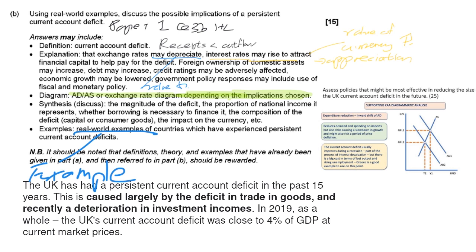Greece also faces persistent current account deficits. In this example, I would like to talk about how Greece would deal with the deficits. So what would they use? They try to reduce expenditure. This is a kind of fiscal policy, so I'm going to mark it down in the right bottom corner.